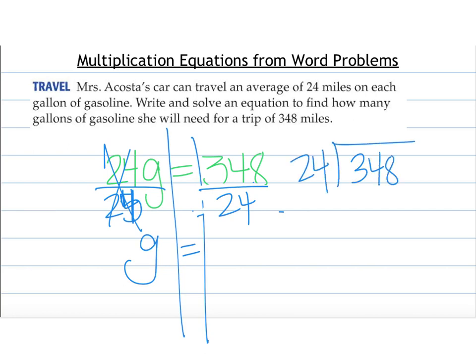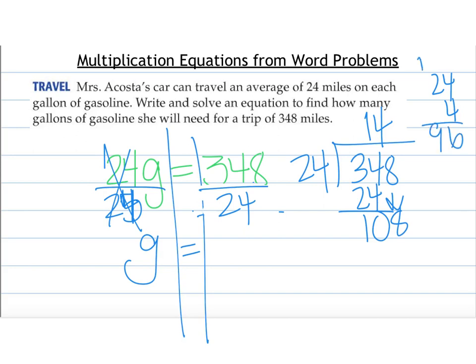So I know that 24 goes into 34 one time. 1 times 24 is 24, so we have 10 left, which does not go in there at all. So I have to bring down my 8. 24 goes into 108 4 times, because I know 24 times 4, 16, 8 is 96.